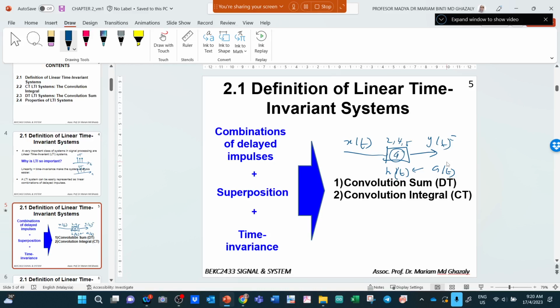We don't actually guide the student by saying find the convolution of the output. We just say find the output yt. So you need to know whether you are going to use convolution or just make a simple amplitude transformation.